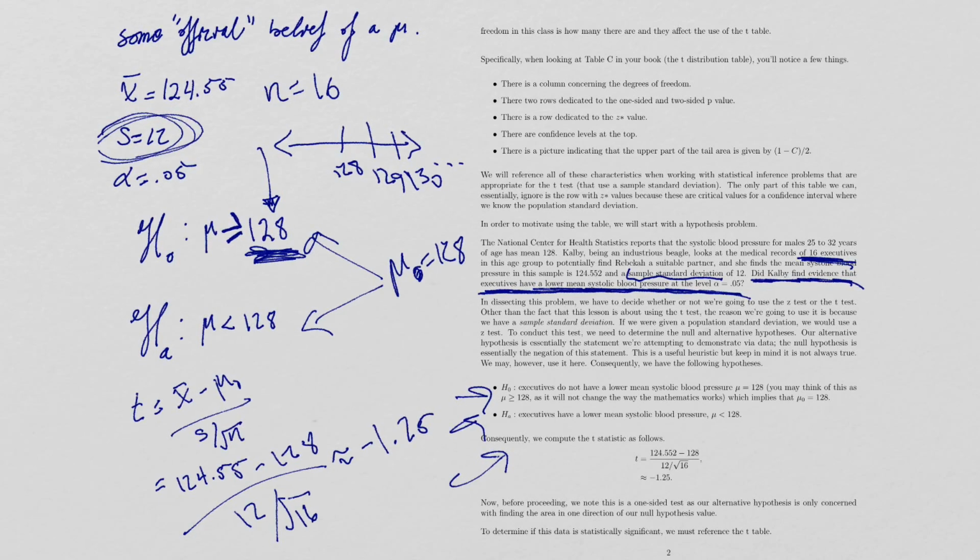So we got our test statistic of t being equal to negative 1.25. And as before, determining whether or not we're going to use a one-sided or two-sided t-test is going to be really, really crucial here.